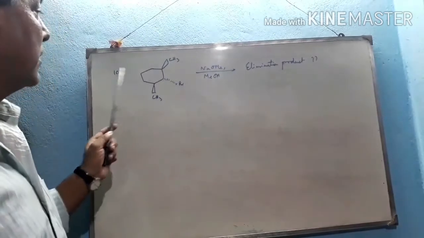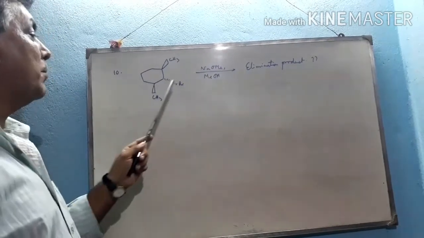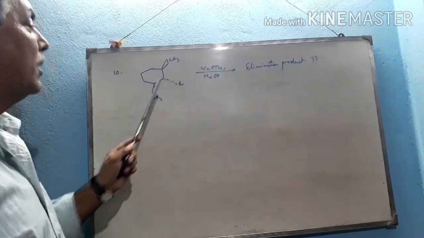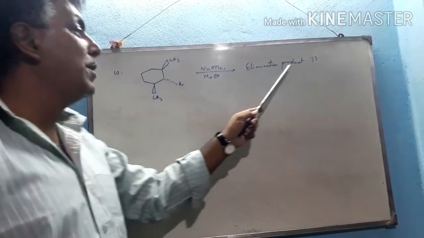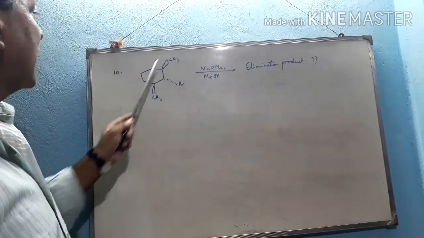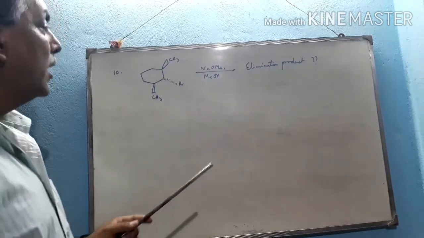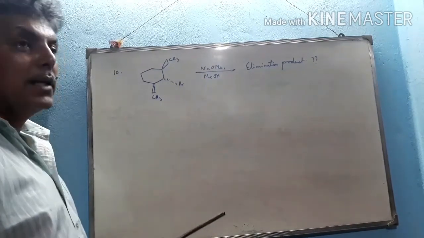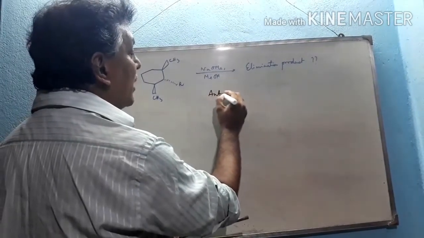Question number 10. This is a cyclohexyl system attached with 2 methyl groups and 1 Br in between these 2 methyl groups. It is treated with sodium methoxide in presence of methanol. We have to identify the elimination product for this compound. Here the 2 CH3 groups are above the plane and Br below the plane. Now sodium methoxide, if the elimination reaction takes place, we know that anti-elimination reaction occurs always.